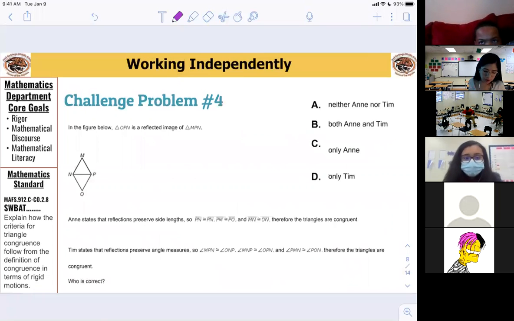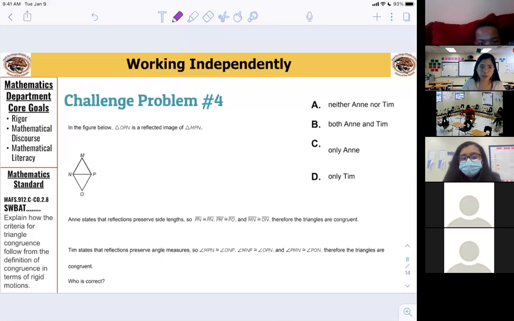Number 4. In the figure below, triangle OPN is a reflected image of triangle MPN. Anne states that reflections preserve side lengths. So side PN is congruent to PN, PM is congruent to PO, and MN is congruent to ON.